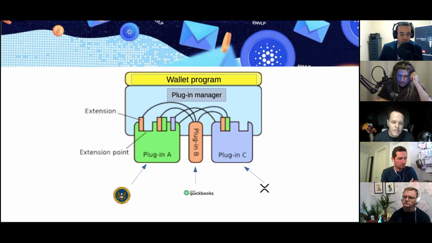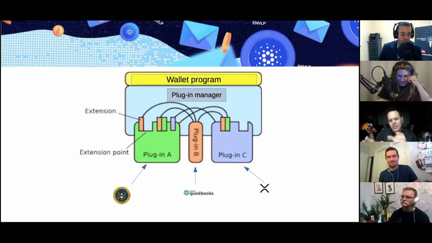You install that there. Someone creates a plugin for XRP, QuickBooks is a plugin, and the plugins can communicate with each other. They can expose functions to each other and work in cooperation as well. So I have an idea to allow, for example, plugins to translate other plugins.